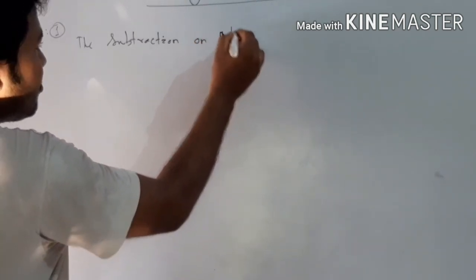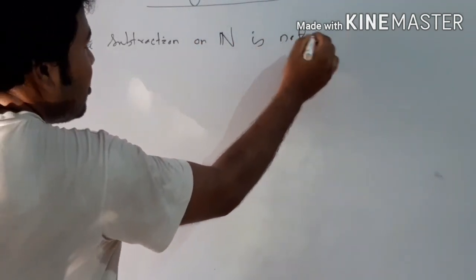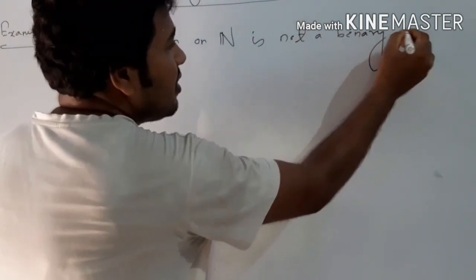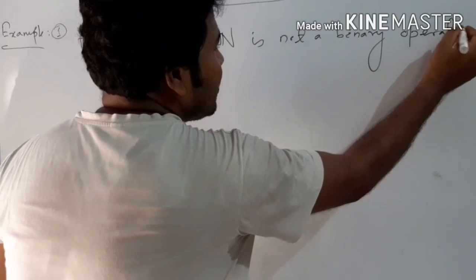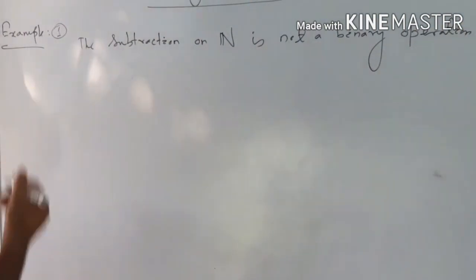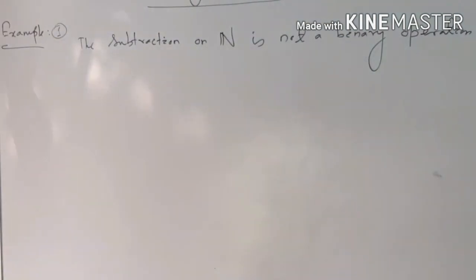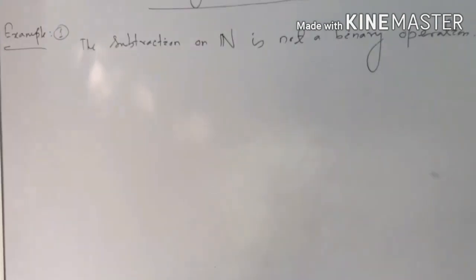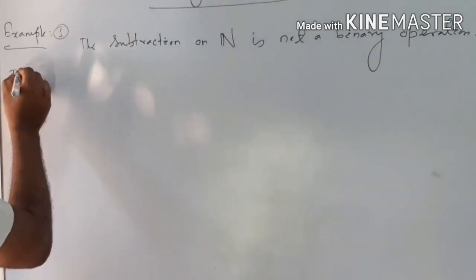The subtraction on the set of natural numbers is not a binary operation. How can we prove this one? This is very easy. We will find an ordered pair such that their subtraction will not be in the set of natural numbers. So we can illustrate this one.